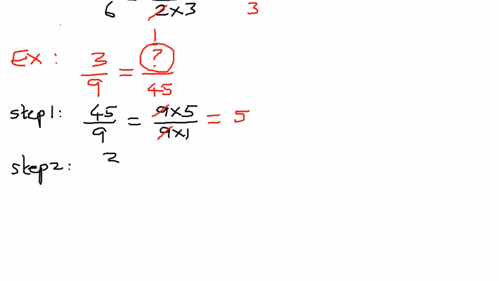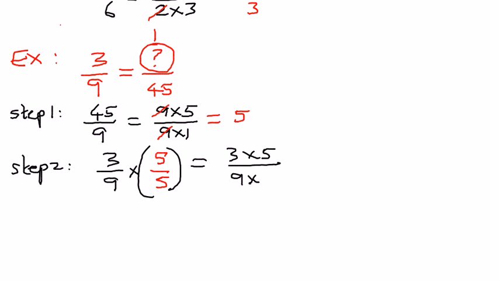The original fraction is 3 over 9, and if we multiply and divide by 5, the result is 3 times 5 divided by 9 times 5. 3 times 5 is 15, 9 times 5 is 45. So the number we are looking for is 15. We can write this as 15 over 45.